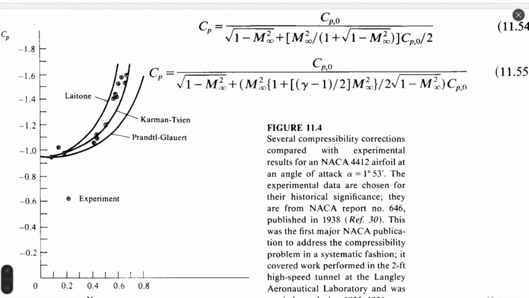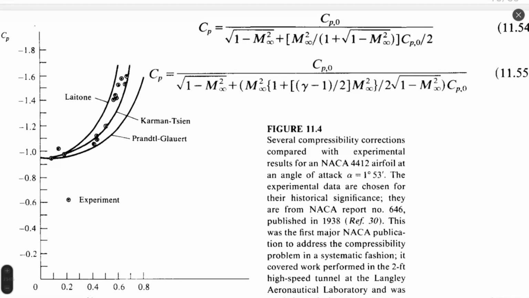The first one, which is equation 54, is the Karman-Tsien correction. And we see that now the pressure coefficient would be proportional to Cp0, as before for incompressible flow. But also in the denominator, we find a structure describing the behavior of the pressure coefficient as a more complex function with respect to the previous one.